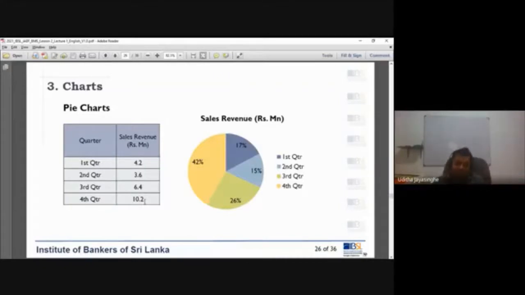One could argue, okay, the fourth quarter sales revenue seems to be a trend that has happened over 5 years of time. So likewise, instead of a static point, sometimes you can take two pie charts side by side and discuss what has happened here. In some examination questions, you can see such questioning asking you to draw pie charts.